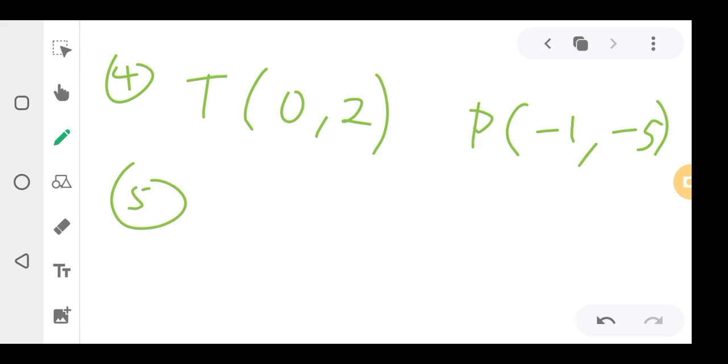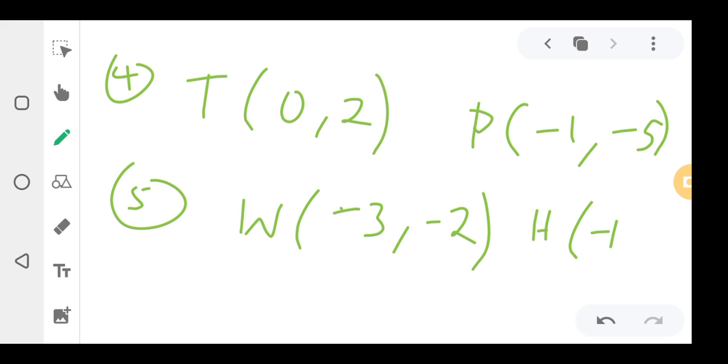And then lastly, W is (negative 3, negative 2), H is (negative 1, negative 3). So you can answer those.